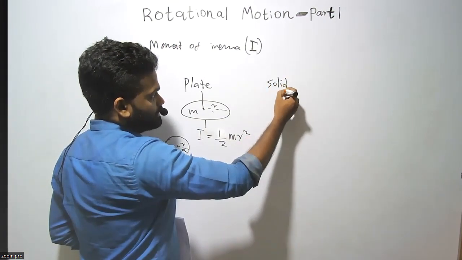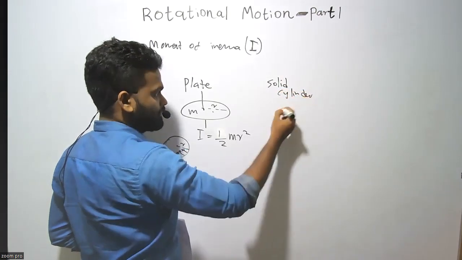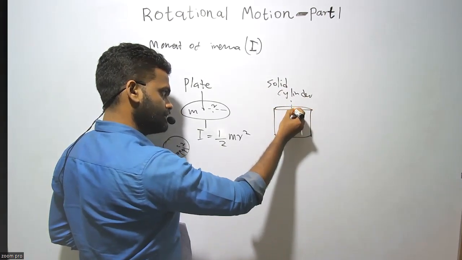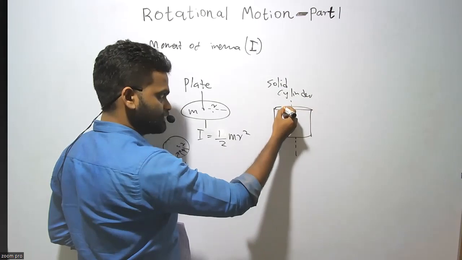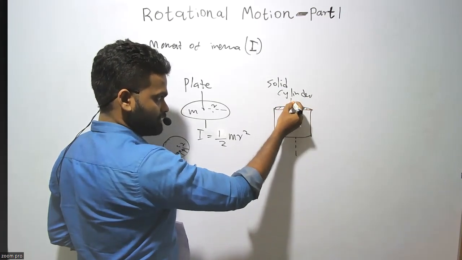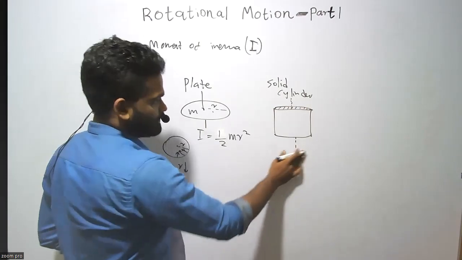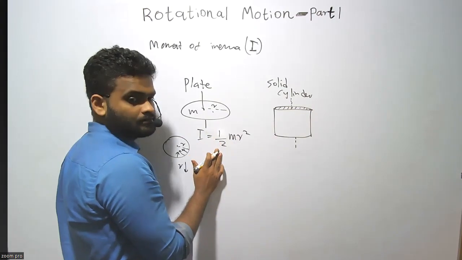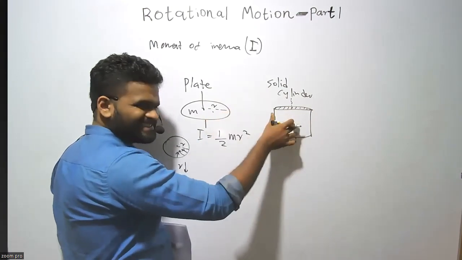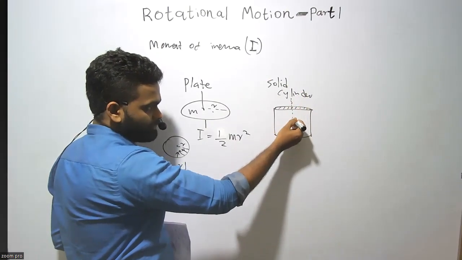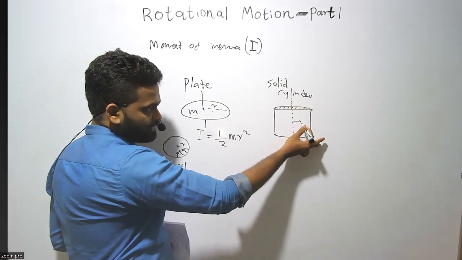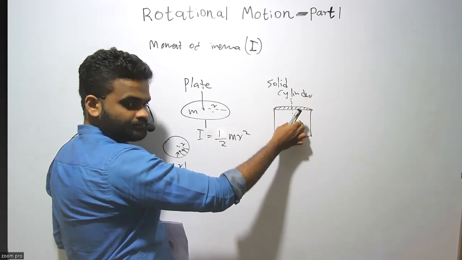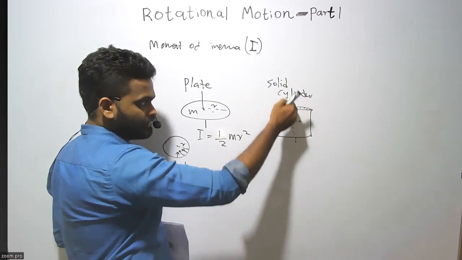Then we'll move on to a solid cylinder. Unlike the hollow cylinder, there is material inside, right? If you can understand, this is also similar to the plate. It has the same mass distribution. If you think about this axis, there are particles closer to the axis.